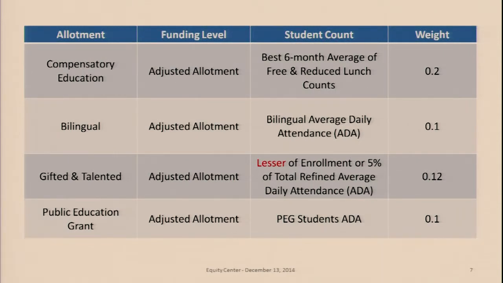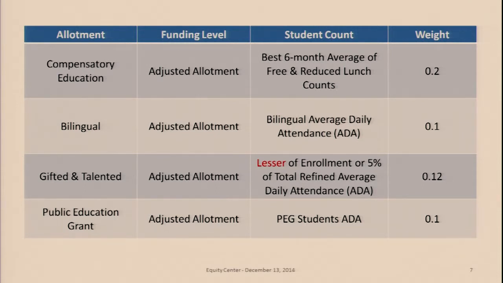So if you look at a chart here that has the four allotments that we're going to handle, you'll see the funding level in all four cases is adjusted allotment. Now, the student counts, though, are different. The compensatory education, although it's used for students who are at risk of dropping out, in actual fact is based upon the number of kids you have in free and reduced lunches in your district.